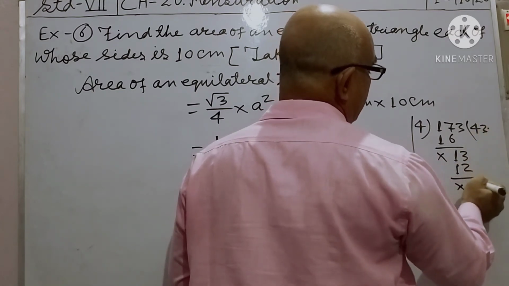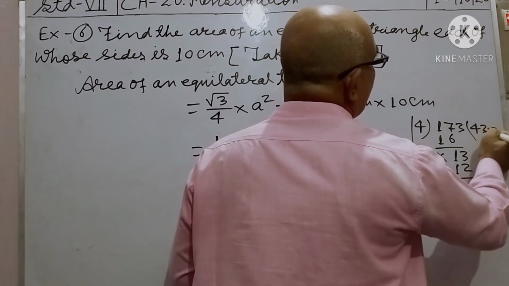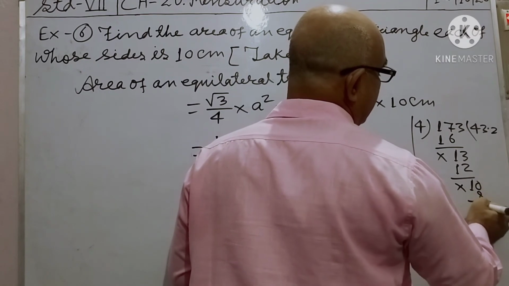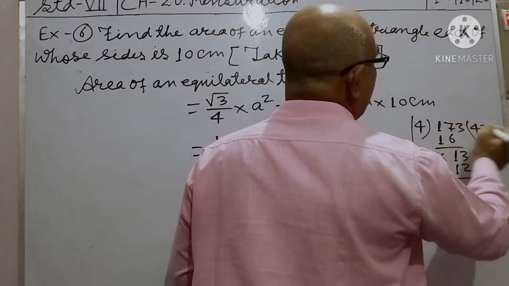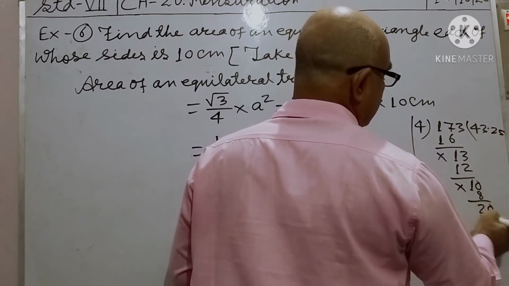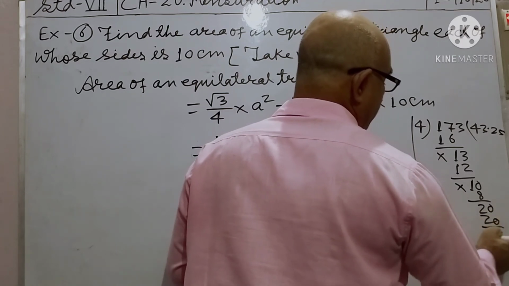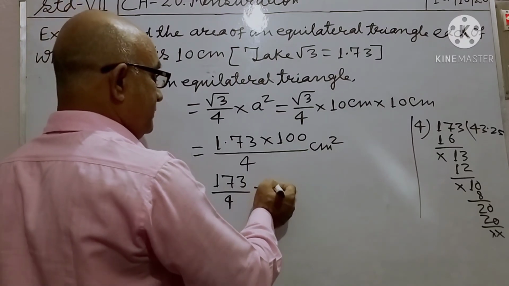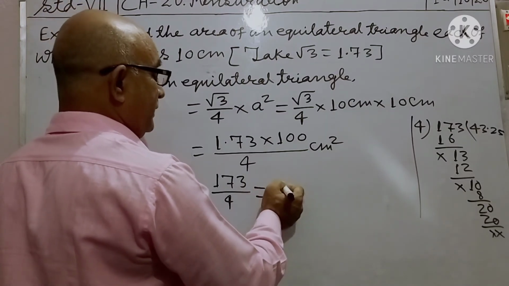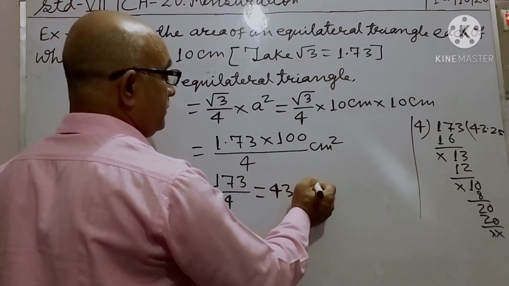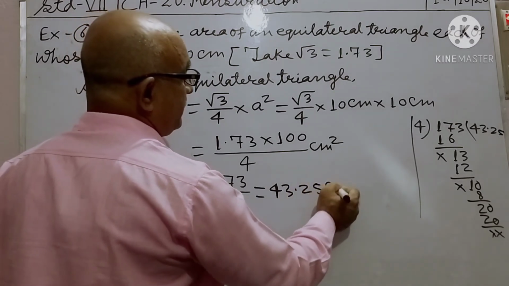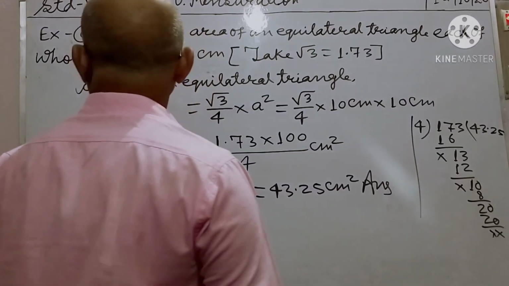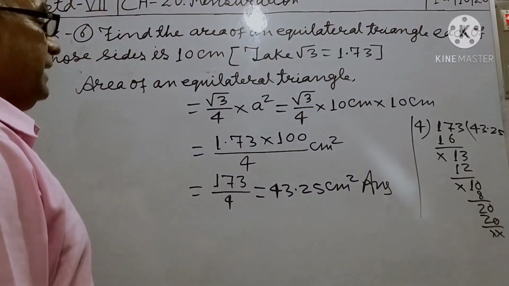Now take decimal 0. 4 2 are 8. 10 minus 8, 2, 0, and 4 5 are 20. So answer is 43.2025 cm square. Answer. Students, understand and write it.